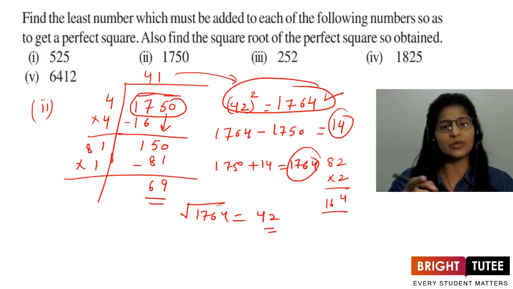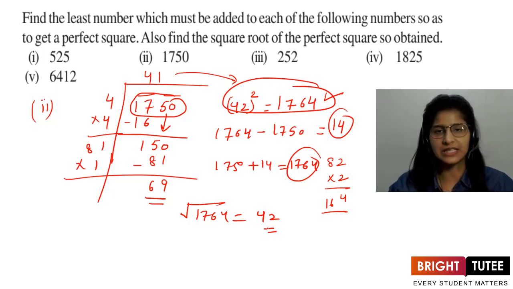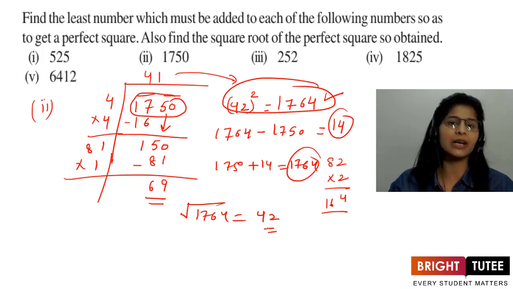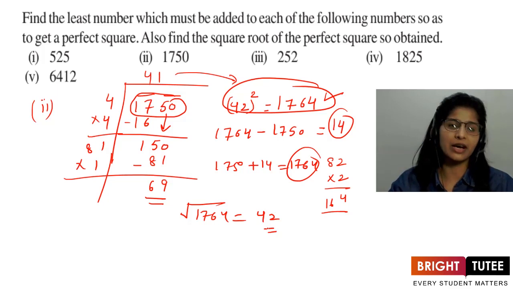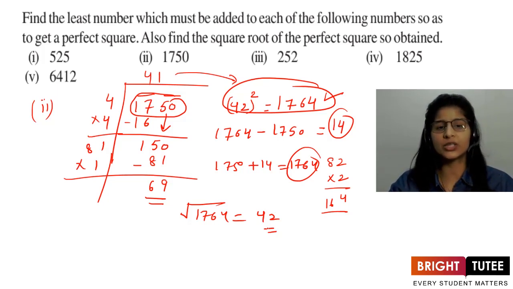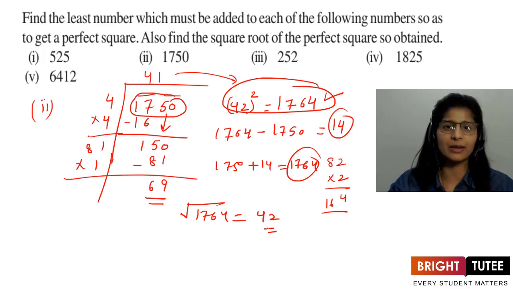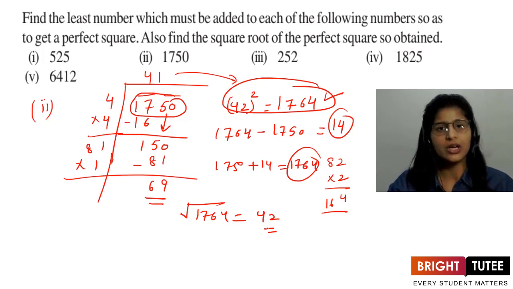Clear? You can also calculate using the long division method for 1764 also. That gives the examiner more clarity that you know the concept. Right? So what have we done? We took 1750. We have calculated its square root using the long division method, but because it is not a perfect square, we are left with some remainder. Now because we are working on what should be added to this number, we'll focus on the quotient.